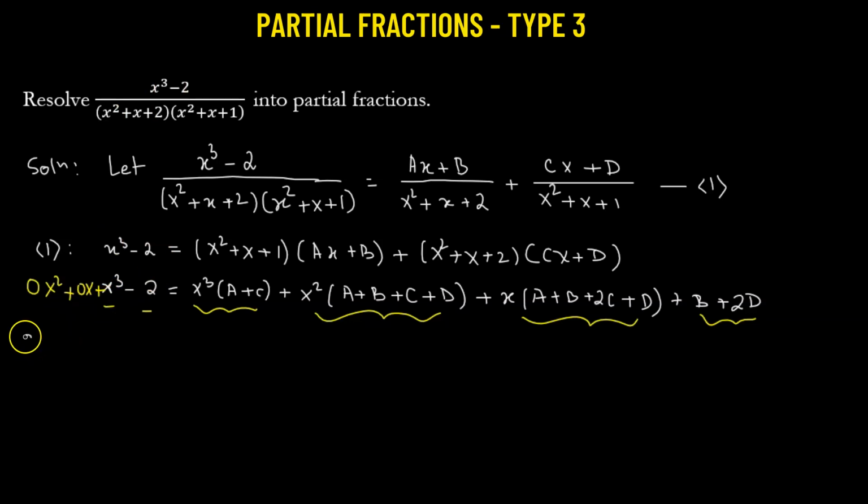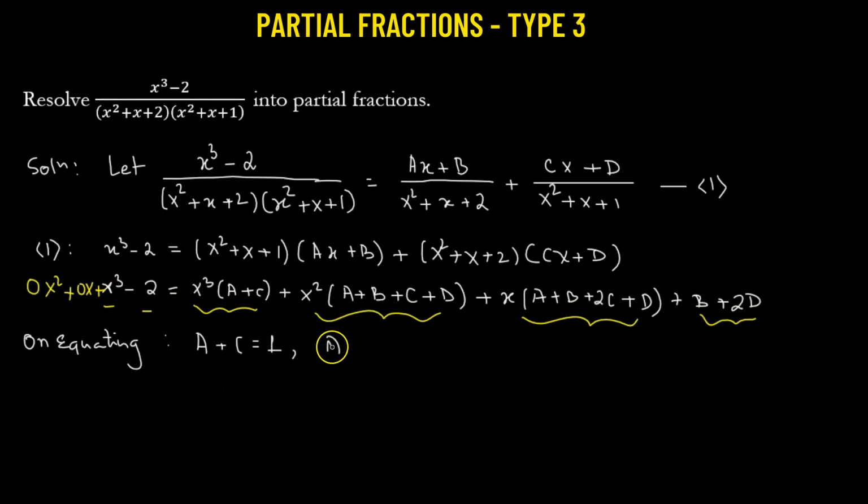Now what we'll do, we'll equate both sides. Equating both sides means we are going to equate the coefficients of x cubed, x squared, x on the right hand side with the coefficients of x cubed, x squared, x on the left hand side. So that means we will get a plus c equals, so we have x cubed here, it has a coefficient of 1. So a plus c will be equal to 1.